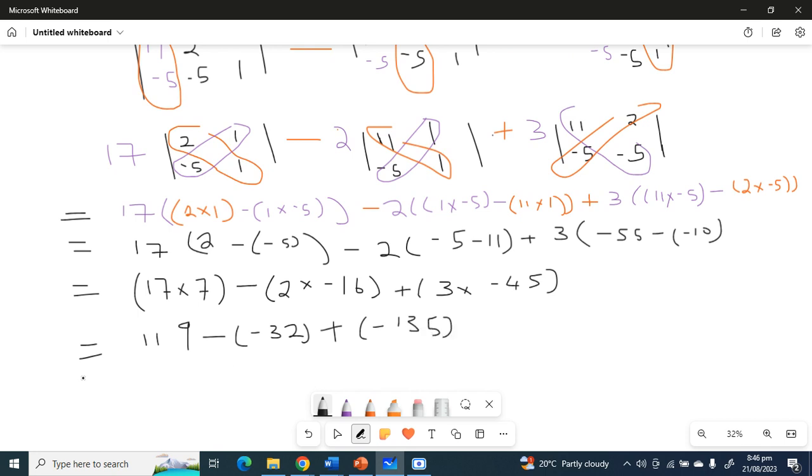Okay, so in your calculators, you're going to say 119. So this negative and negative make positive. So you say 119 plus 32. And this positive and negative make negative. So 119 plus 32 minus 135. 16. So dx, our determinant for x is 16. Any questions?